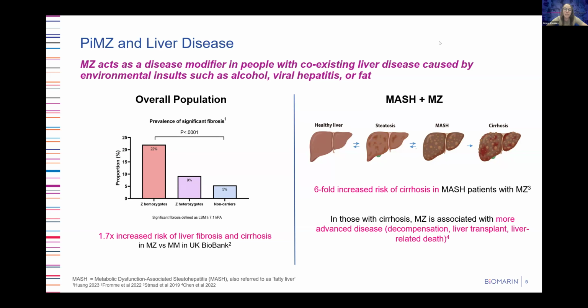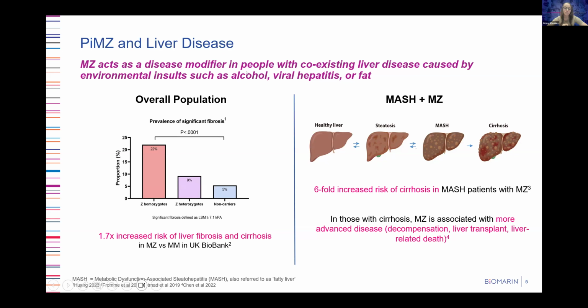The UK Biobank study also showed that those with MZ versus MM have around a 1.7 increased risk of fibrosis and cirrhosis. As I mentioned, that was all just looking at the MZ population, but what studies have also shown is that with a coexisting secondary insult, the risk is even greater.